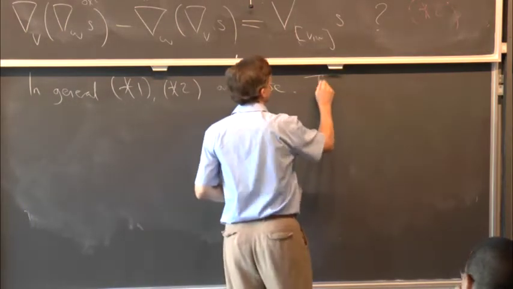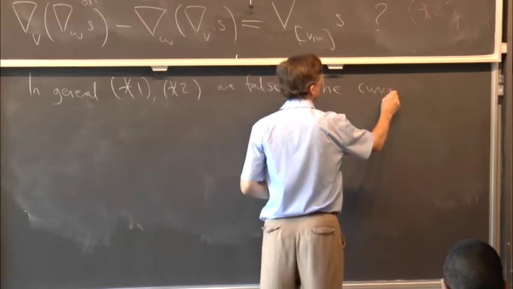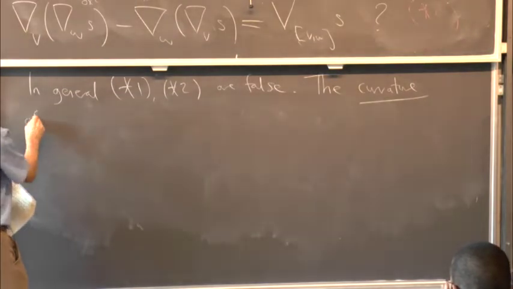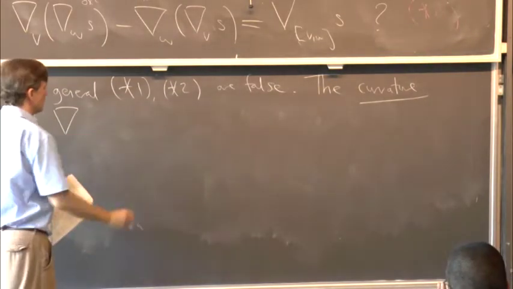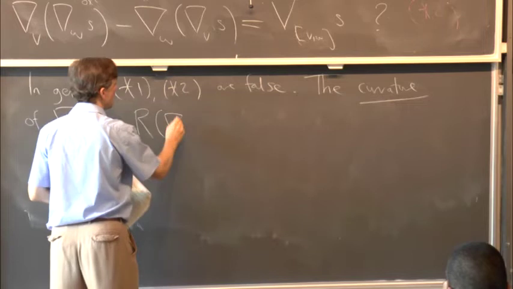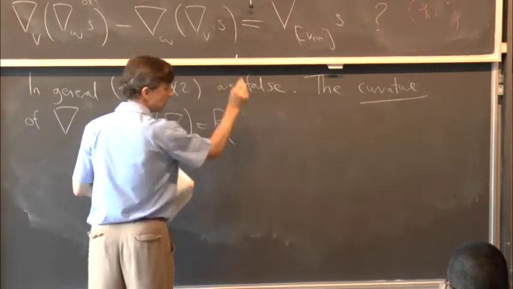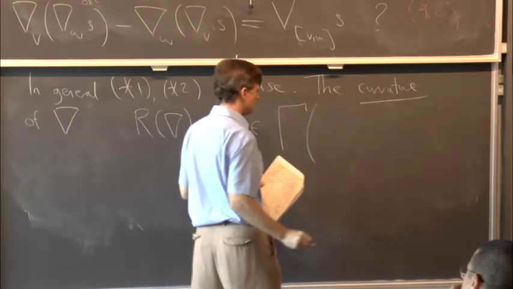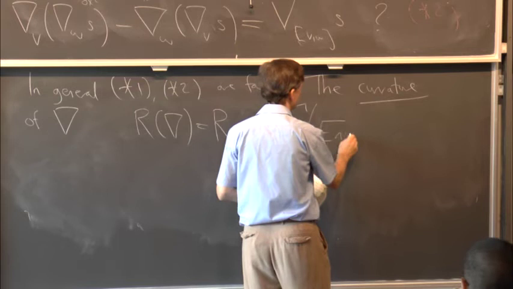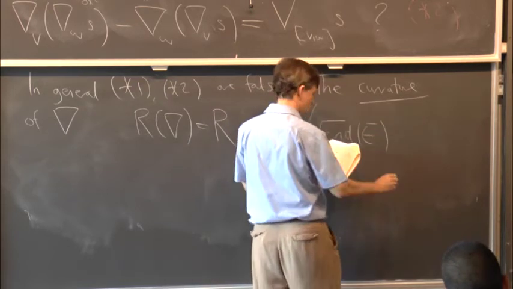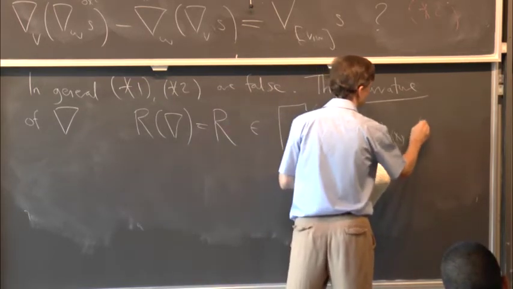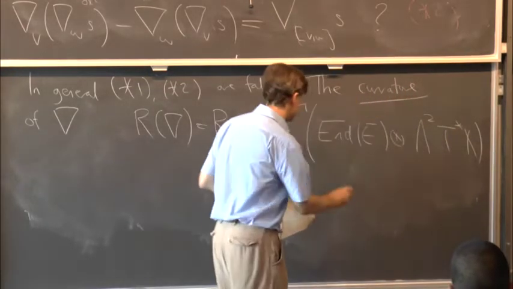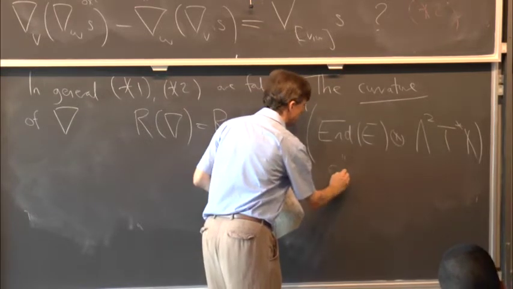And the curvature is some geometric quantity, curvature of nabla, which is R of nabla, or just R. This is a section of, well, I shall write it as End(E) tensor Λ²T*(X). So End(E) is just E tensored with E*.